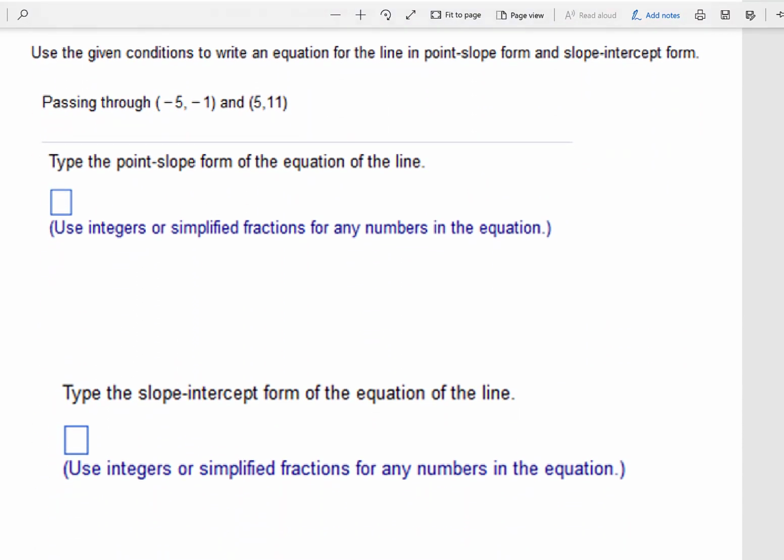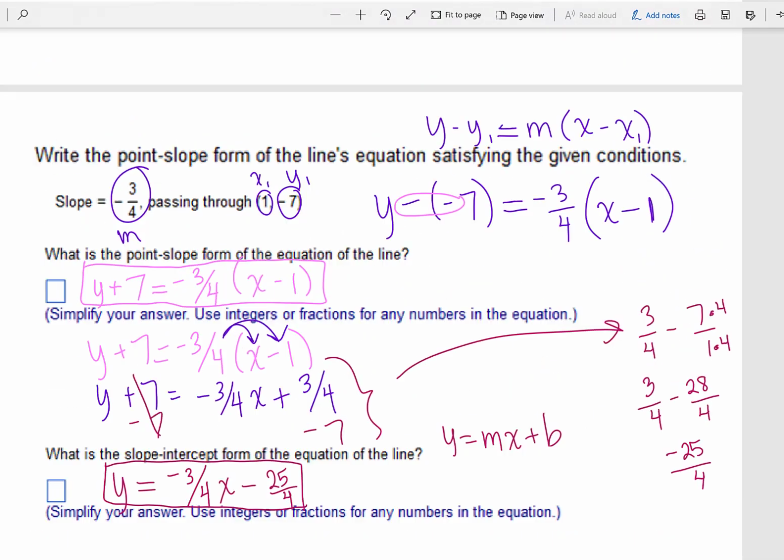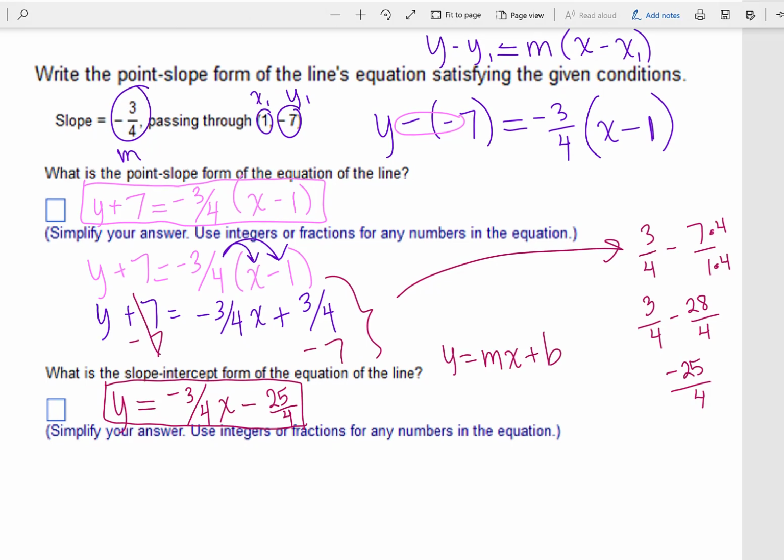Okay, so here they want us to write the equation in point slope form and in slope intercept form. In point slope form, in that last slide, we were given the slope. Let's actually look at it. We were given the slope, and then we were given an ordered pair. So we literally just plugged it in, right? Because we had a spot for the slope, and then we had a spot for each of the coordinates in the ordered pair.